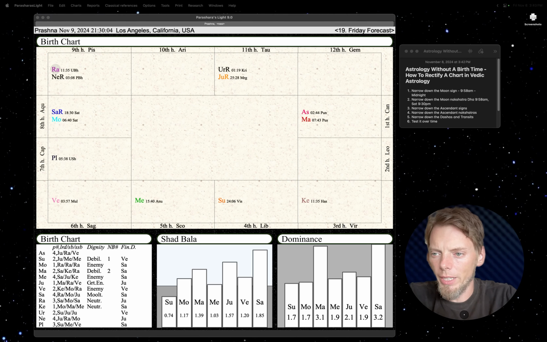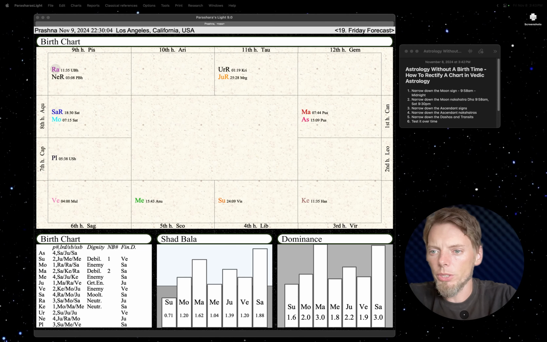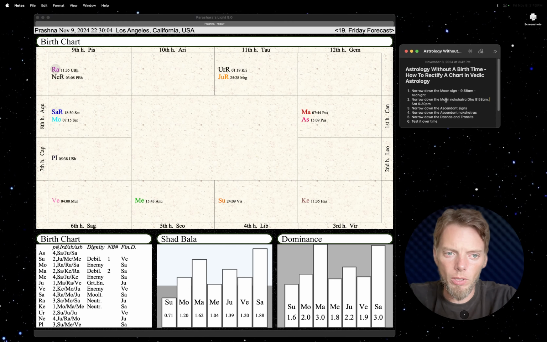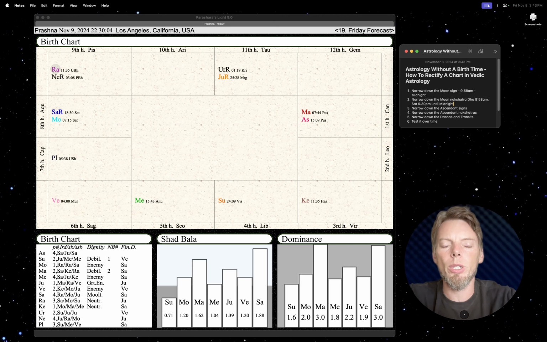So then we get to the end of the day, and we're still in Satabhisha, of course. So we're still in Satabhisha until midnight. And this is typically what you'll see, that there's 2 possible moon nakshatras in the day, even if it stayed in the same sign. So if we went back to November 8th and the moon was in Capricorn all day, there's still probably going to be 2 possible nakshatras in that day.